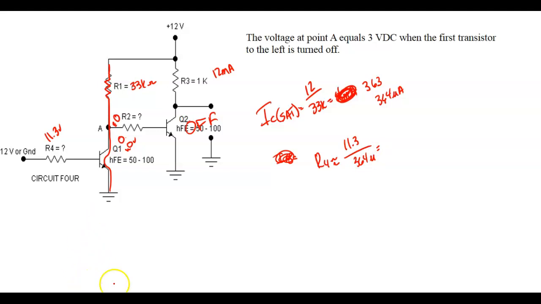Wait, sorry. Let's get this in. IB, we've got to calculate IB first.